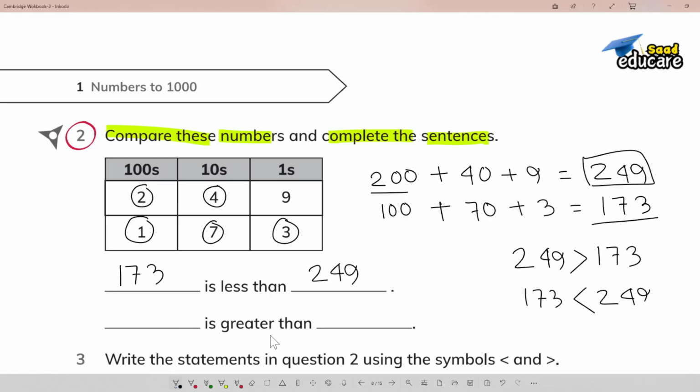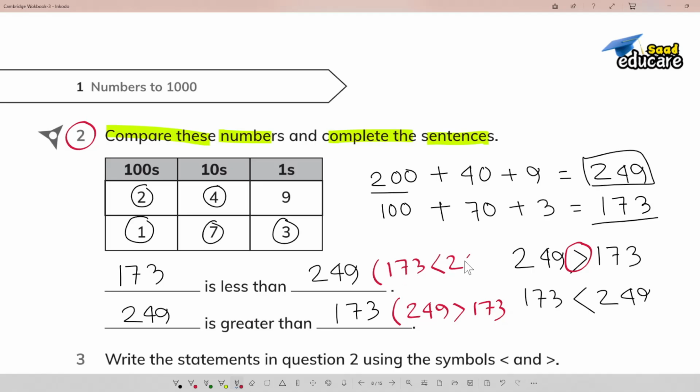Okay, so greater than means 249 is greater than 173. If we identify by symbol, which is less than, and this one is greater than, right? 249 is greater than 173, and here 173 is less than 249.